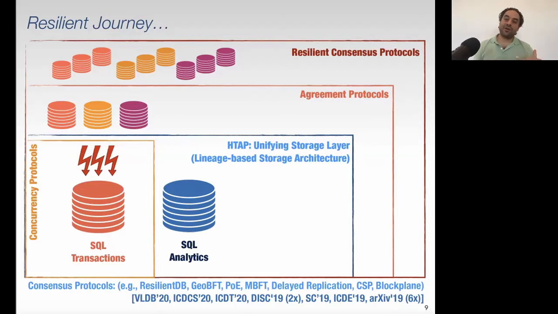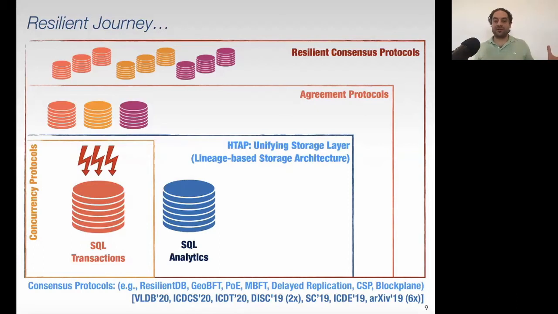We need to add redundancy in terms of the decision or the outcome of the transaction. We also need to add redundancy in the actual execution itself, because there could be failure in the execution, and there could be failure in storing and remembering the result of that execution.